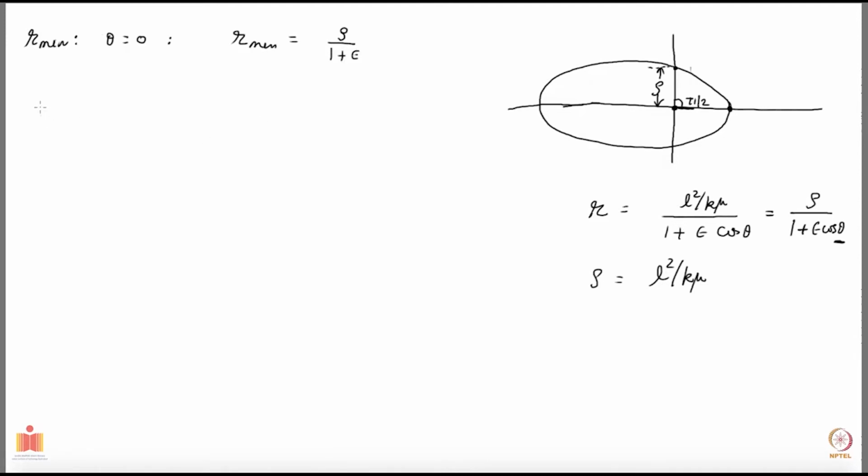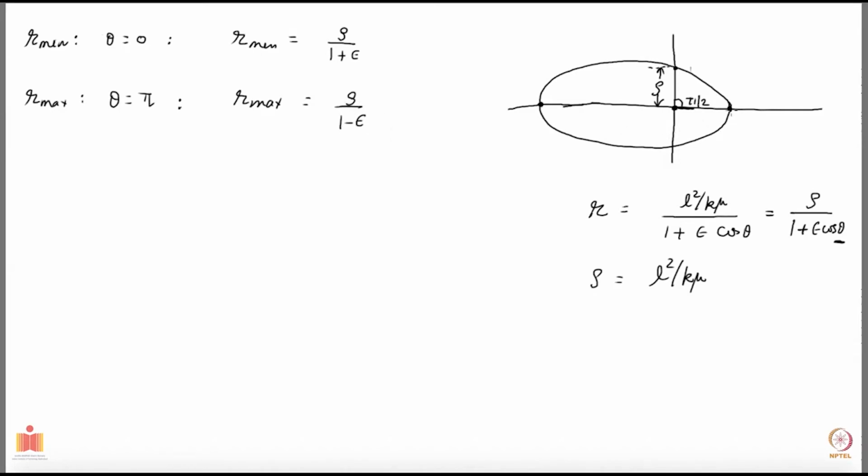Okay, that's nice. Maximum value of r is taken when theta is pi. So from here you go to there, this angle. When theta is pi, you are here, and r maximum is, when theta is pi, cos theta is minus 1, and you get rho over 1 minus epsilon. So that's nice.